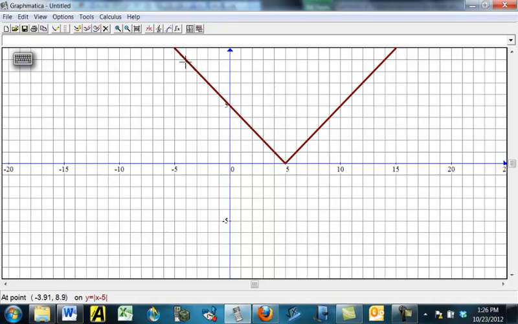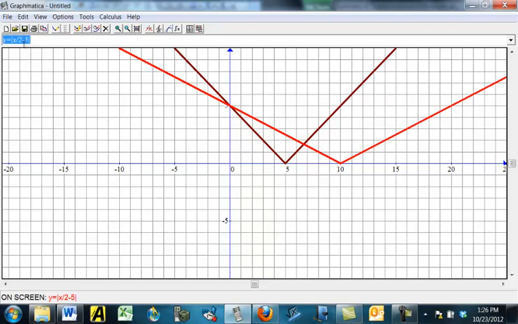Now, if I just replace x by x divided by 2, notice the fixed point was the one on the y-axis. That's the one that didn't move. But notice we have a wider angle. The angle is distorted.